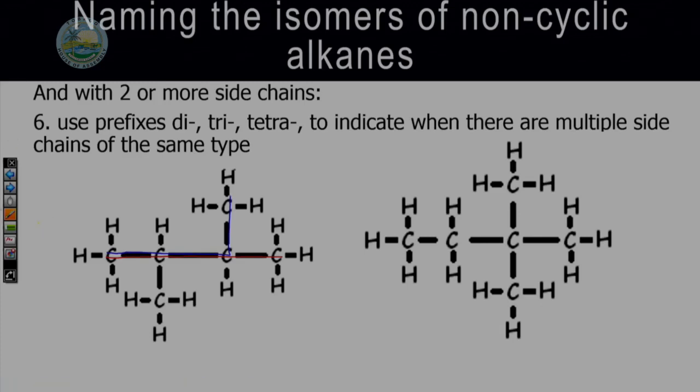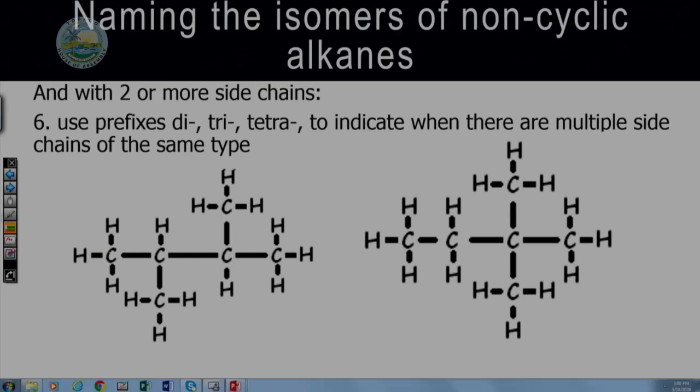So let's see if I could go in this way. 1, 2, 3. But that's not the longest chain. So right now we have the longest chain being 4. So we're going to leave it at that. All right. So I'm going to leave the red one. So we found the longest chain to be 4.